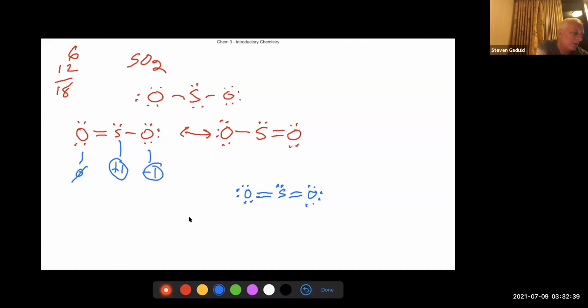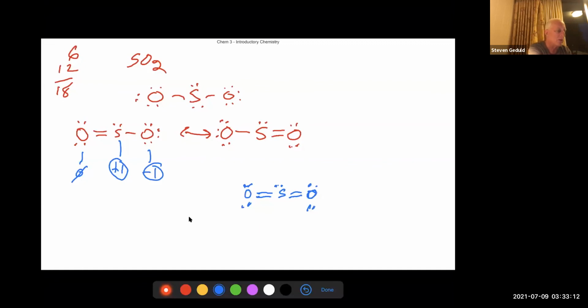So if we do the formal charge here, we got 6 minus... wait, no, I did something wrong here. I didn't put my dots right. Hold on, my fault. There we go, much better. 2 dots there.